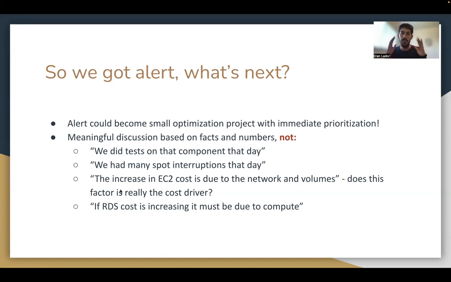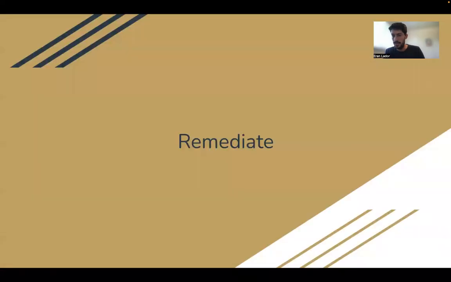Or some paradigm or misconceptions, like, yeah, the increase in EC2 is probably due to network and volume, but no, you said the increase is from compute. So don't confuse it with increases in network and volumes and so on. And same for RDS. And then you want to really guide them towards the cost charge that increased to solve it.